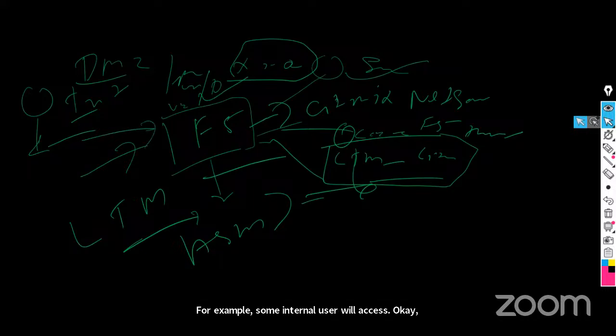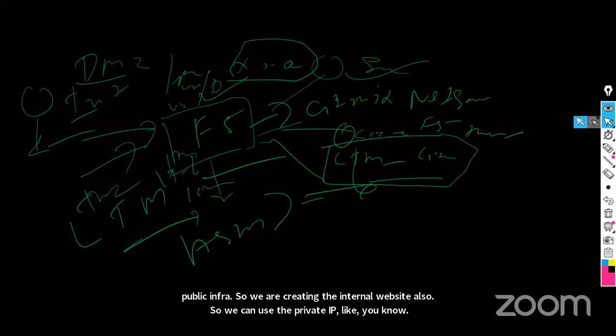If they have internet access, they can come with the public IP. Some websites we configure internally and don't want to host on the public infrastructure, so we create the internal website also. So we can use the private IP, like 192.168.172.10, something like that.